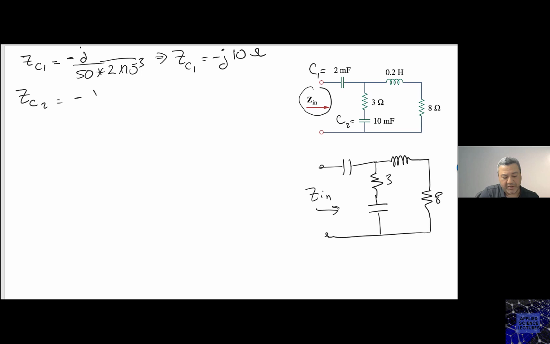ZC2 is minus j over 50 times 10 millifarad. ZC2 equals minus j.